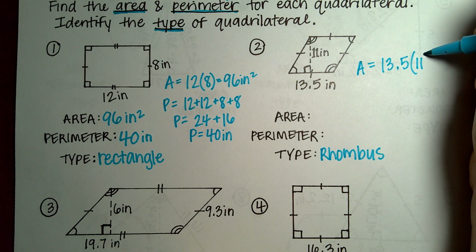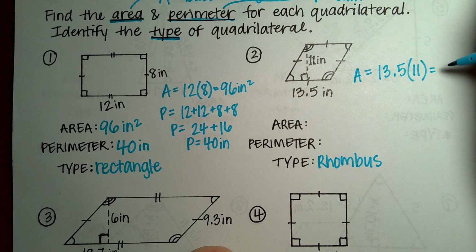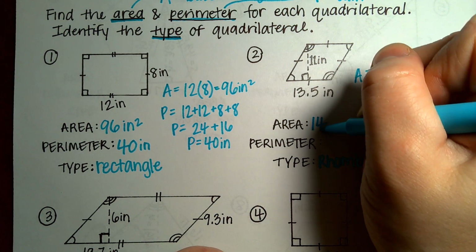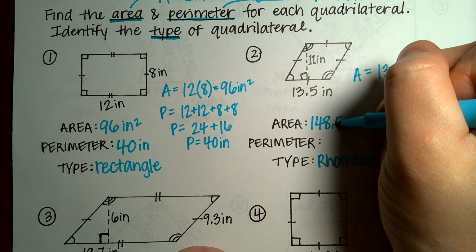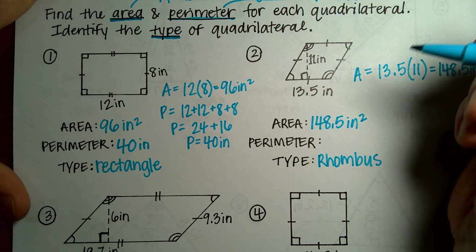So 13.5 times 11. What do you get for that? 148.5. Good. And what are our units? Inches squared. Good. 148.5 inches squared. And how about the perimeter?